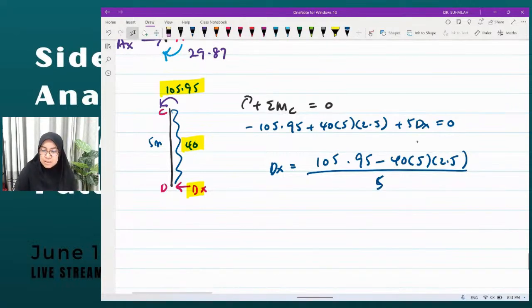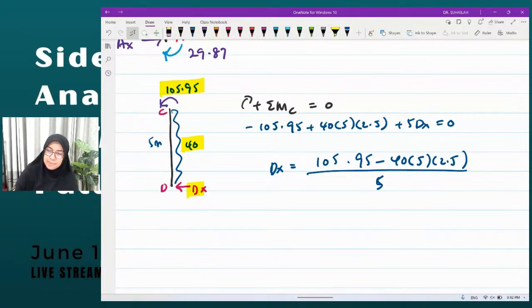What is the answer? This is static equilibrium.